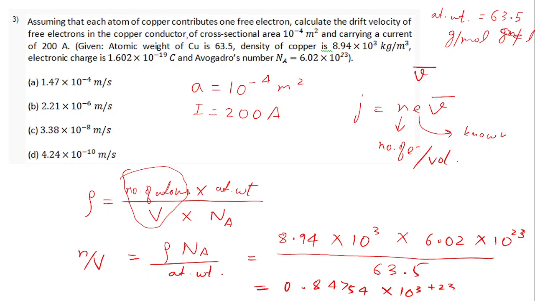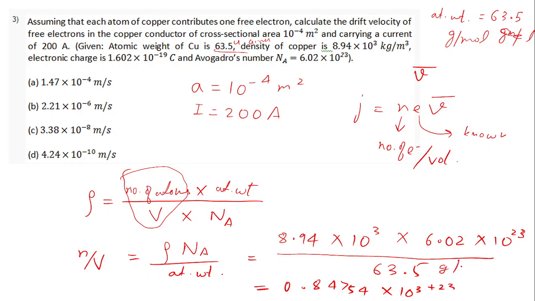Atomic weight, we sometimes don't put any unit, sometimes we put U, sometimes we put atomic mass unit AMU. Otherwise, we clearly write 63.5 gram per mole. So here atomic weight is in gram per mole.